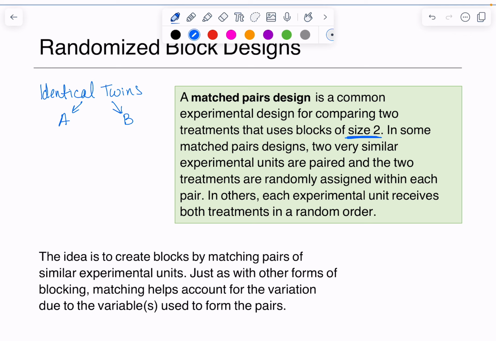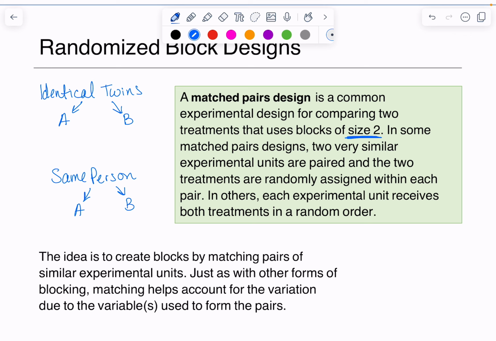Okay. Another way you might see this is you get the same person and they do the treatments twice. So if I want to know if the color shirt you wear affects how people respond to you, I'll have each person wear a blue shirt, go out and submit a survey saying how people responded to them in that colored shirt. I'd then have them come back, change the color of their shirt, go back out.